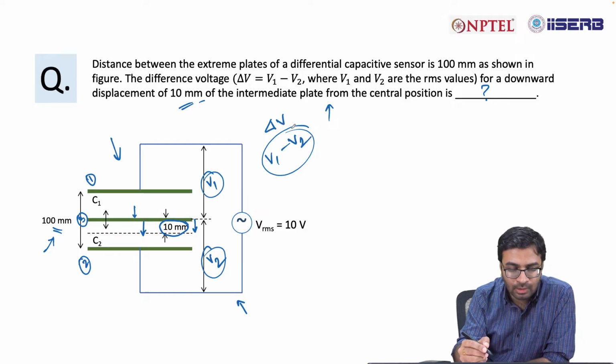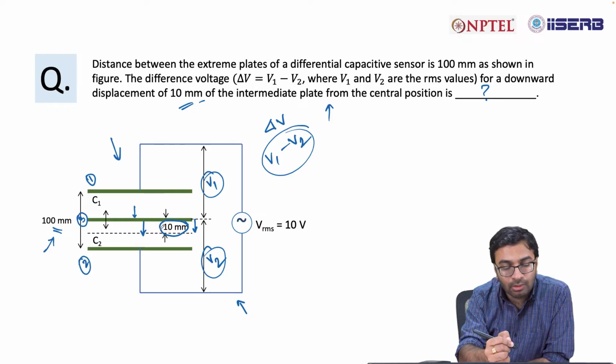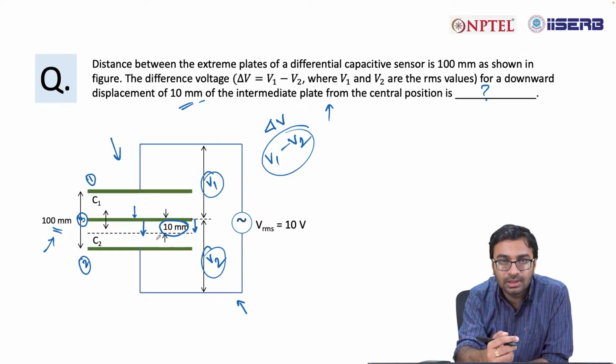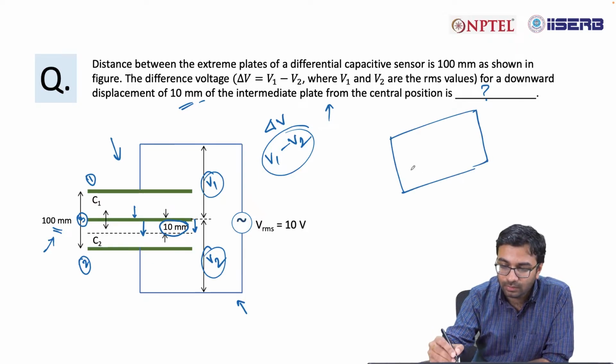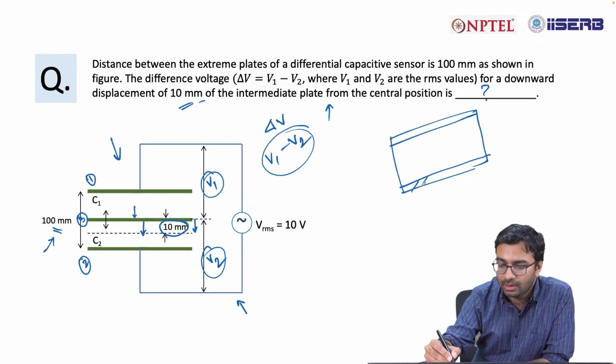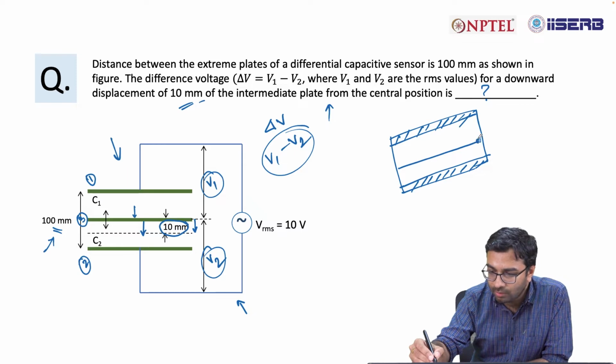Now the structure here is similar to, or you can correlate this structure with, a MEMS sensor. You have designed a sensor where this is the upper plate, this is the lower plate, and then you have an intermediate plate over here which is movable.